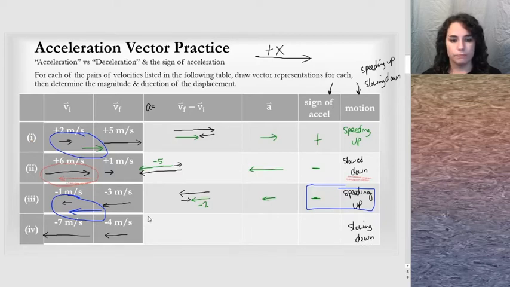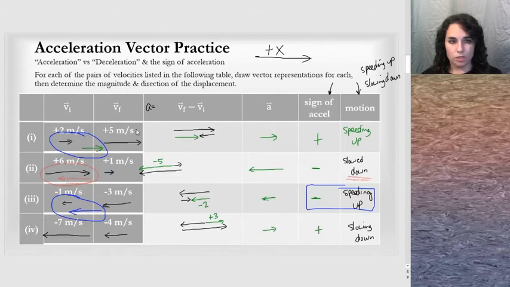Okay. Let's draw the vectors. The final velocity vector is -4. The initial velocity vector was a -7, so I subtract -7 and I end up adding 7. And so the acceleration vector turns out to be in the positive direction.